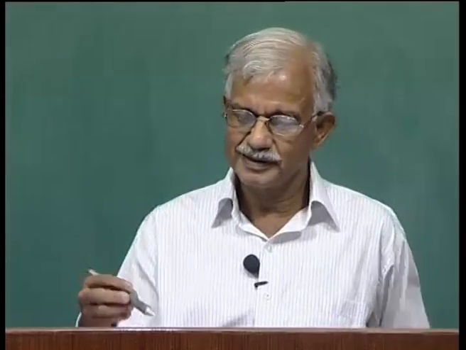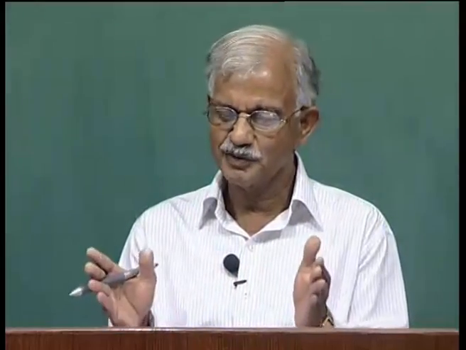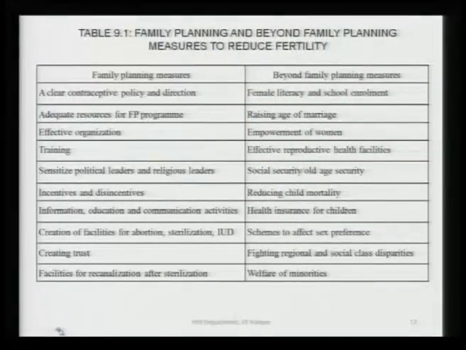In this table, to make this issue of family planning and beyond family planning more clear, I have written some points in the form of a table. You see, family planning program: a policy regarding contraception, adequate resources, effective organization, training of health staff, training of grassroots workers, sensitizing political leaders, incentives and disincentives.